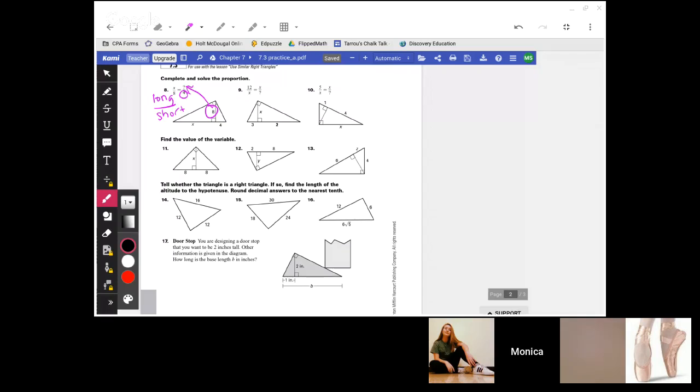So now we need to have the long leg of the medium triangle on the bottom. So do you see what goes on the bottom there?